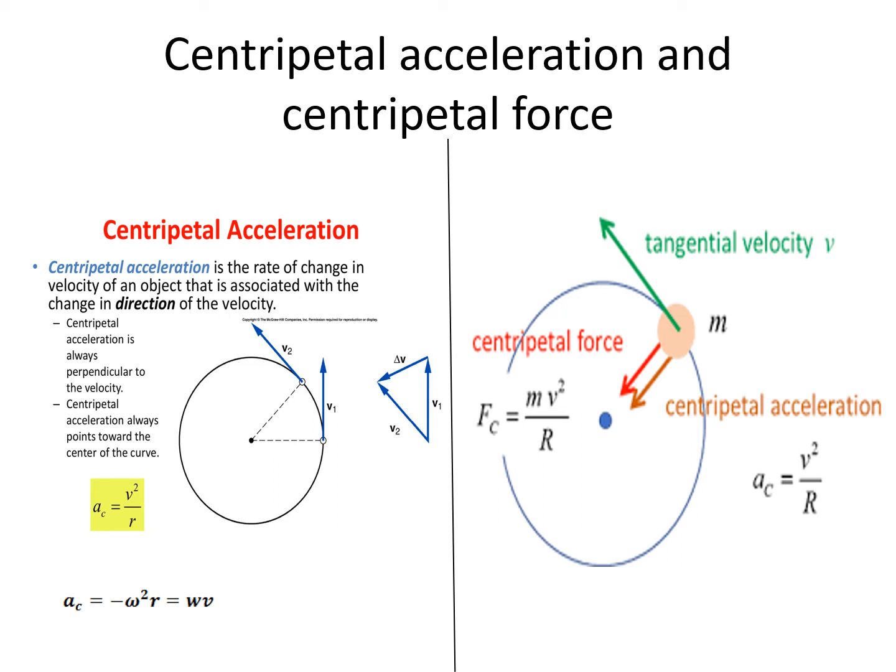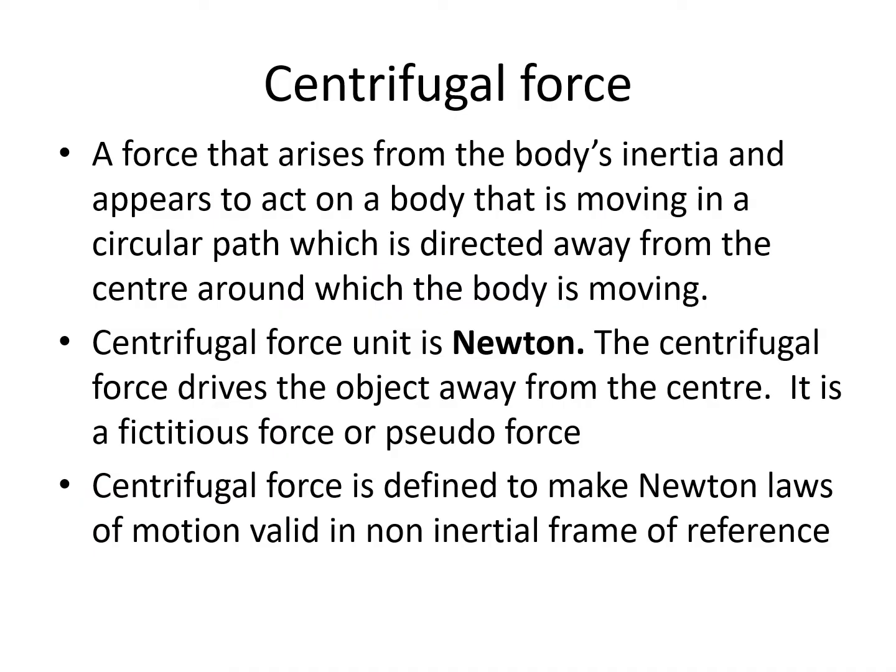The earth revolves around the sun, or the moon revolves around the earth, because of the gravitational force. So the necessary centripetal force is given by the gravitational force of attraction. If you take a stone tied to a string and whirl it, the tension in the string provides the necessary centripetal force.